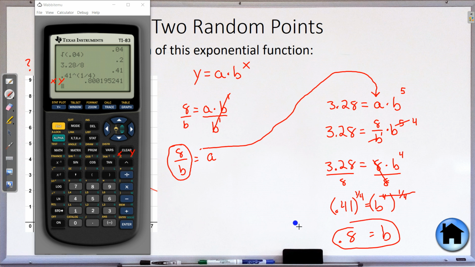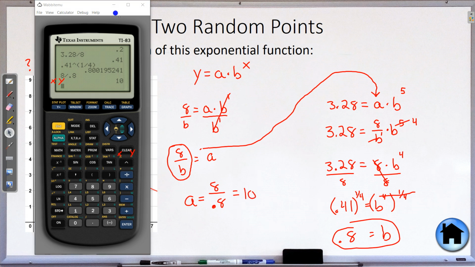So now I've got B, but I still need A. So A is equal to, I've got it right here, 8 over the B value, but I know what B is. It's 0.8. And just to quickly check that on the calculator, if you can't do it in your head, 8 divided by 0.8, it should be 10. Yep.